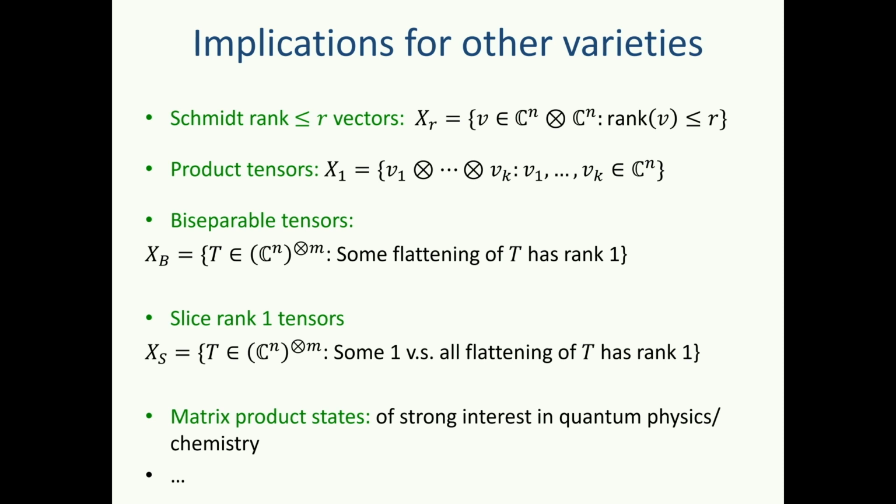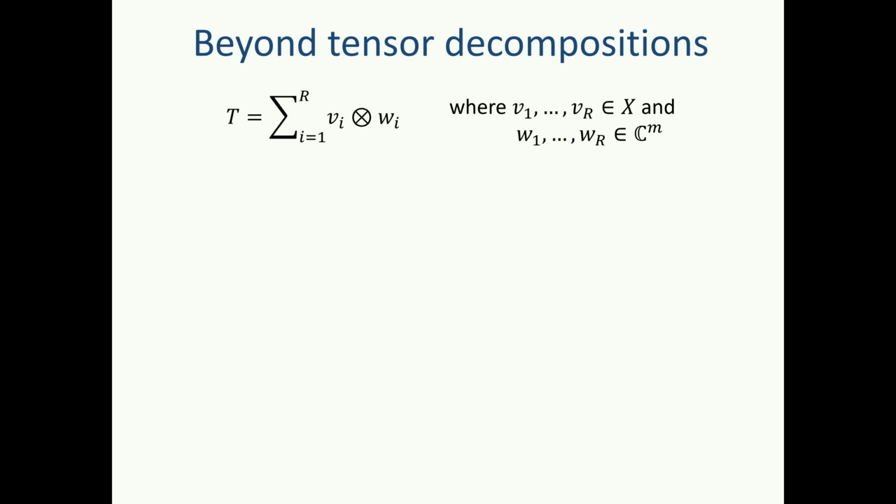Okay, and maybe one more result before I go into the algorithm. Tensor decompositions always seem magical to me because you get this uniqueness result, which is very special for tensors, right? But it turns out that you actually get these uniqueness results and polynomial time guarantees for a class of low-rank decomposition problems. So here's a class that you can think about.